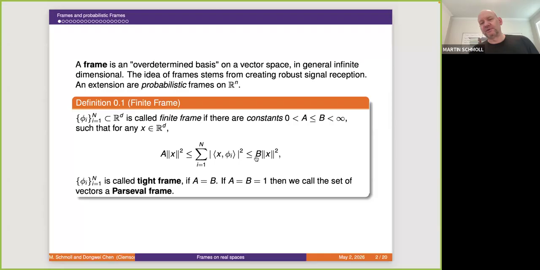Okay, so the frame condition is really captured here. The upper bound, okay, is clear. The question of whether some upper bound exists is clear, but the question here is a relation, right? A could be equal to B, for example, and that is what you call a tight frame. And if A equals B equals 1, then this is called a Parseval frame.